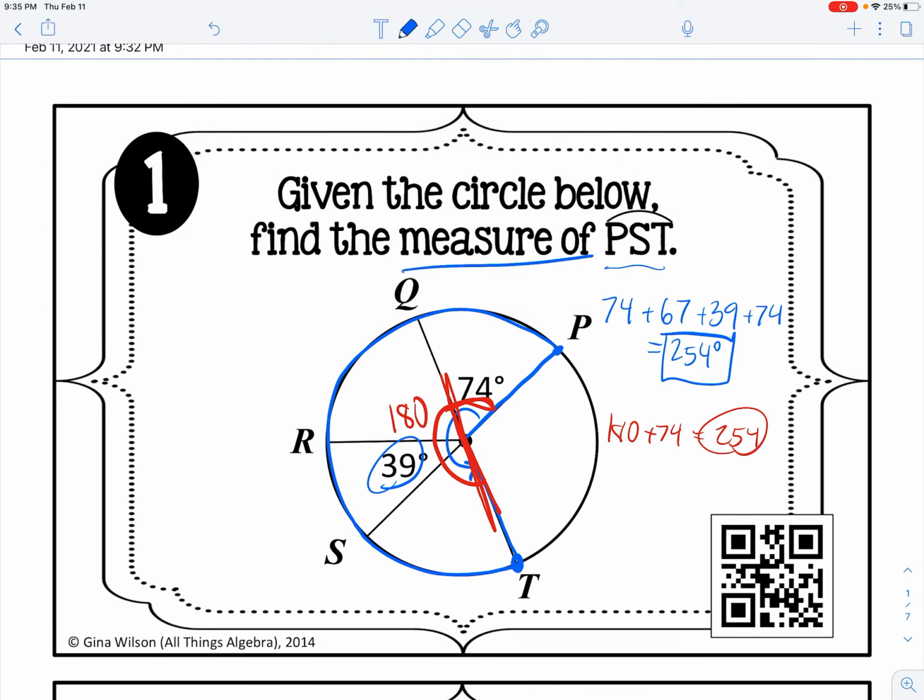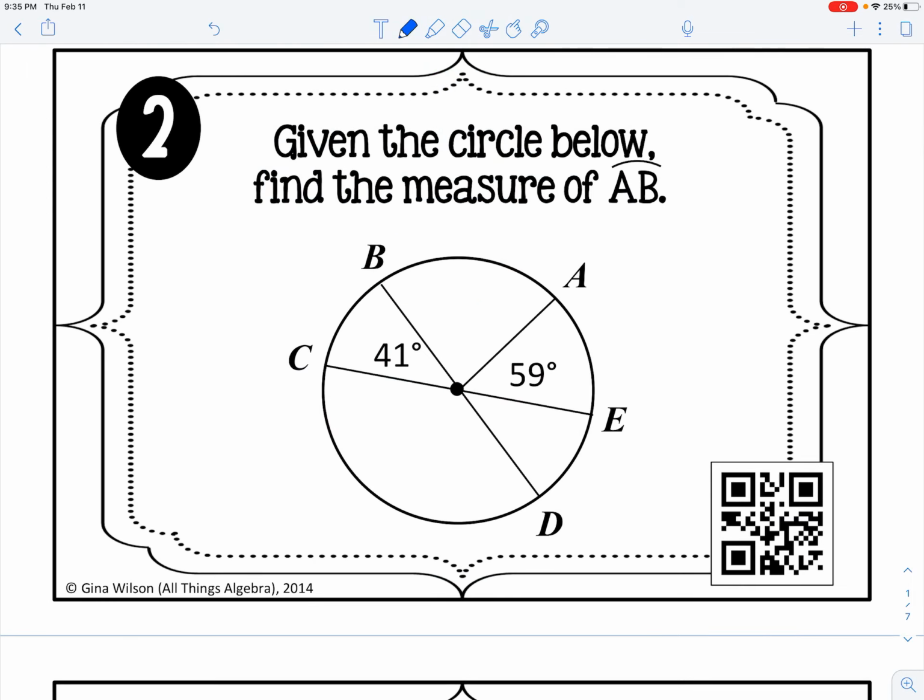All right, let's take a look at the second one. All right, given the circle below, find the measure. So we're talking about angle again of AB. So that's just from A to B. So here to here. So we're looking for this little angle right there. Okay. So how I would do this one is we know this 41, we know this 59.